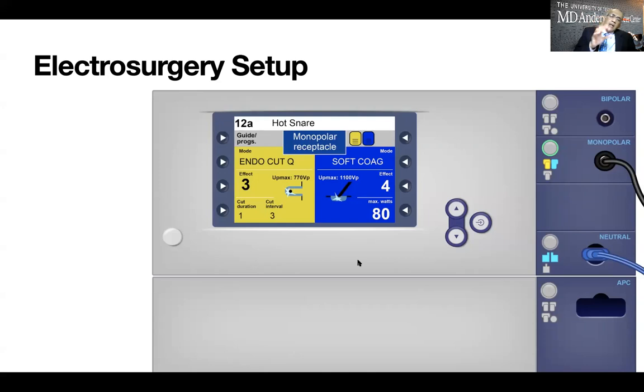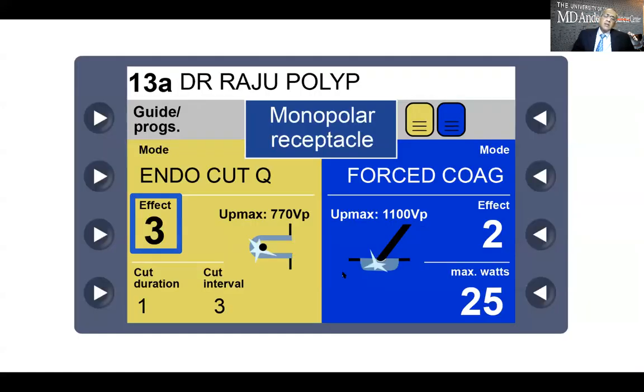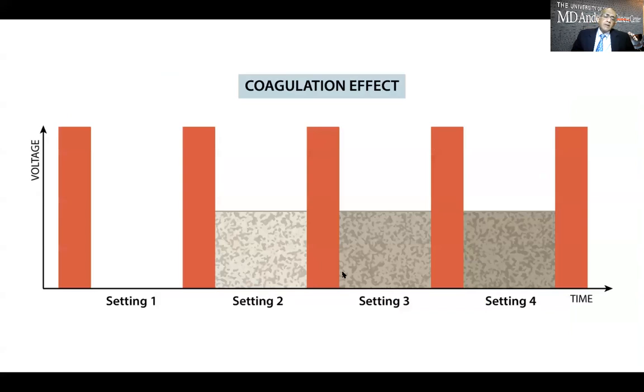So let me take you through what Endocut Q means. Effect 3, duration 1, interval 3. What is effect 3? If you set it up as effect 1, there is no coagulation at all. Effect 2, you may have a little bit of soft coagulation in between your cuts. The red marks are the cuts. And in effect 3, you may have a little more, and effect 4, a lot more.